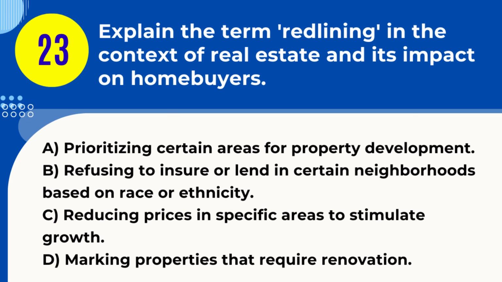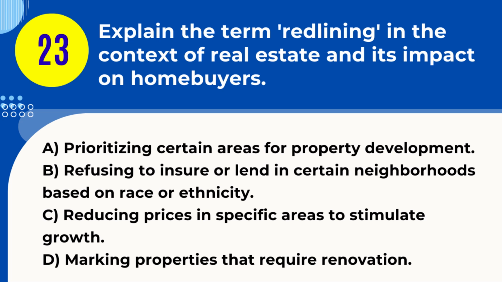Question 23. Explain the term redlining in the context of real estate and its impact on home buyers. A. Prioritizing certain areas for property development. B. Refusing to insure or lend in certain neighborhoods based on race or ethnicity. C. Reducing prices in specific areas to stimulate growth.